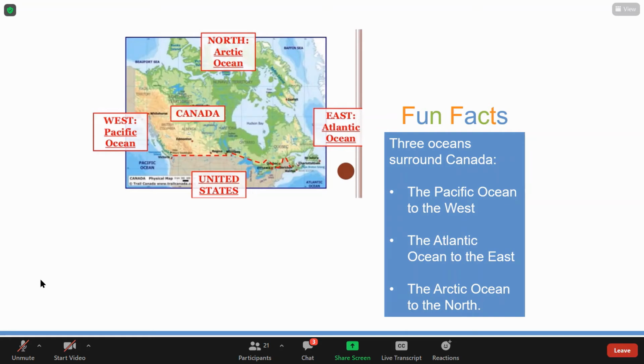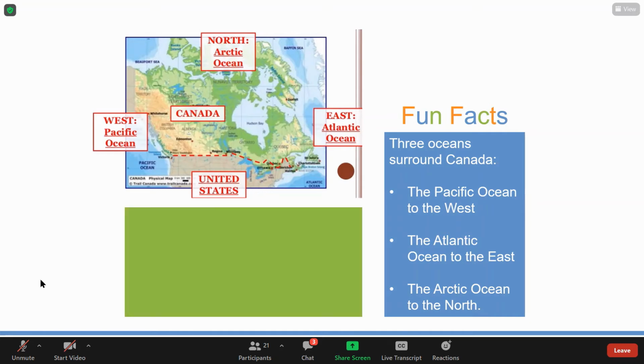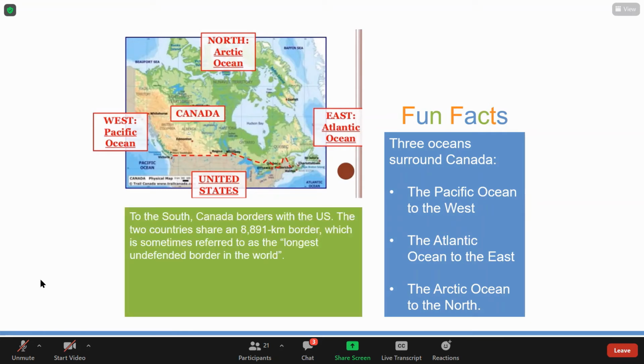Okay, now we are talking about the oceans. We have 3 oceans. On the east side, we have the Atlantic Ocean. On the west side, we have the Pacific Ocean. And in the north, we have the Arctic Ocean. Unfortunately, we have a lot of oceans, lakes and rivers, but the fish is still expensive here.